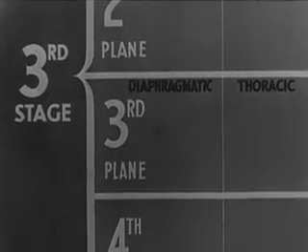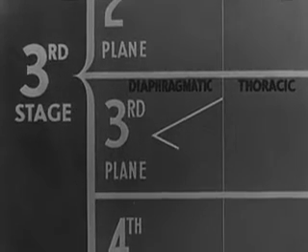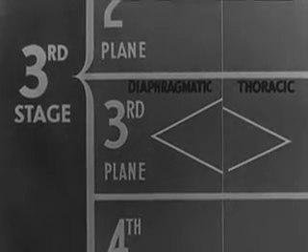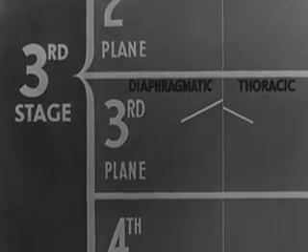We'll show each separately to start with. The diaphragm contracts as before, but expansion of the thorax starts to lag behind. Here are the movements together.